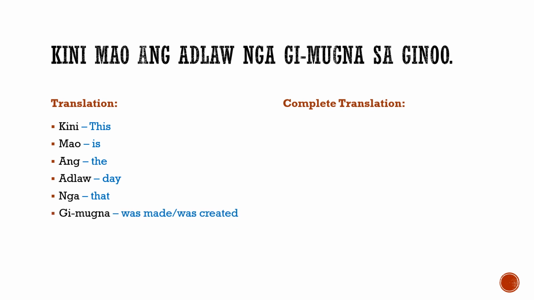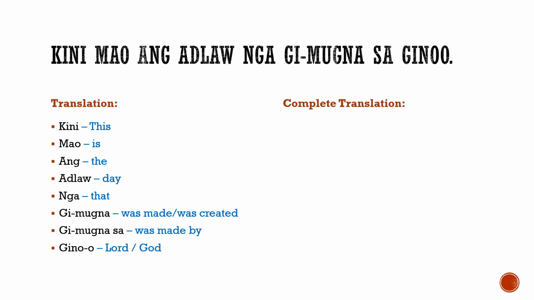Mugna means to create or to make. Gimugna is the past tense of the verb. So we translate that to was made or was created. Have been made, have been created. Sa, in this usage, we refer to sa as by, to complete the thought. Gimugna, created by who? So, Ginoo, that's Lord or God.